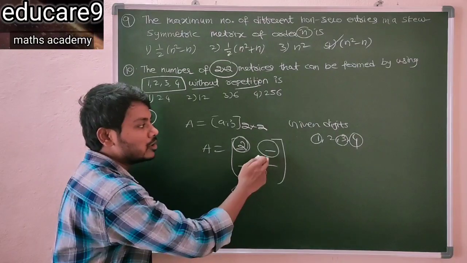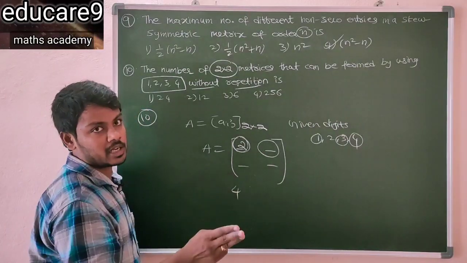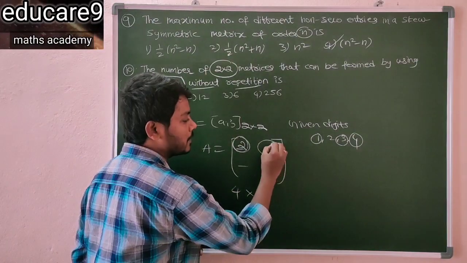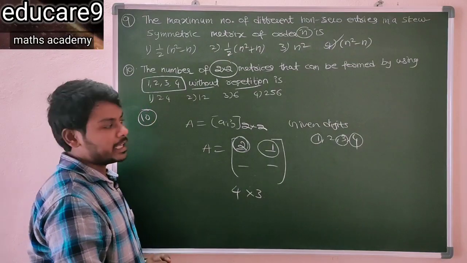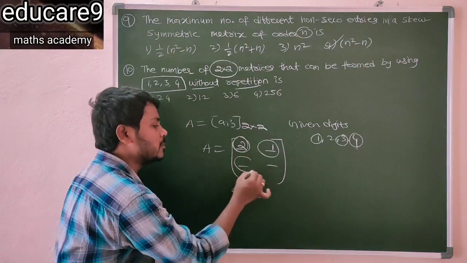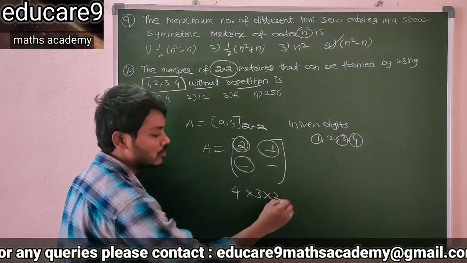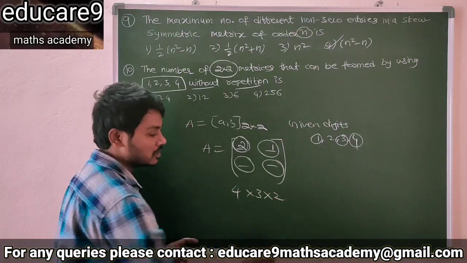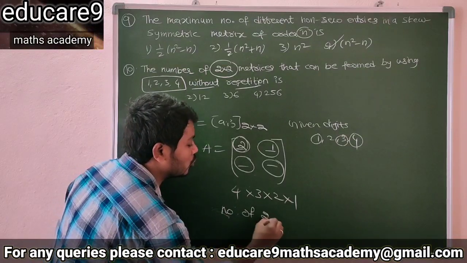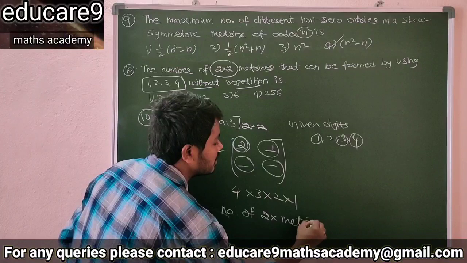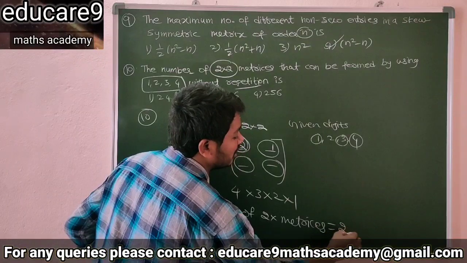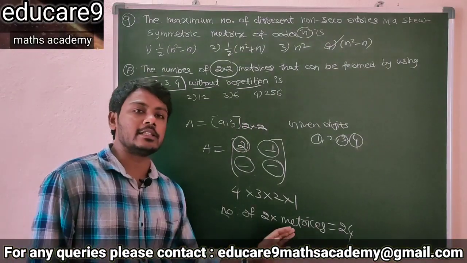So the total number of chances in the second place is 3. So write into 3. For example, it is filled with 1. And the remaining elements are 2 and 4. So the number of elements is 2 and the chances for this place is also 2. So write into 2. And the last one is only 1 chance. So write into 1. So clearly the number of 2 by 2 matrices is equal to 4 into 3 into 2, that is 24. So here 24 2 by 2 matrices are possible.